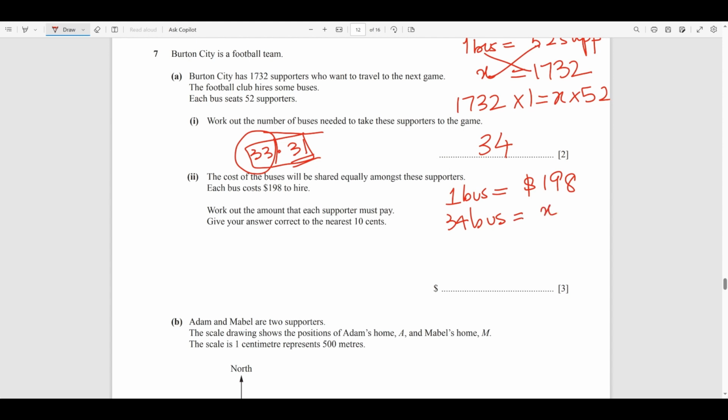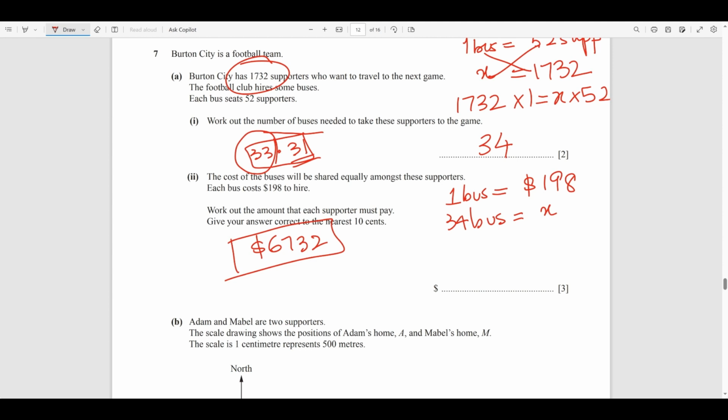So 34 times 198 will give us the total cost. So 34 multiplied by 198 is in dollars, right? This is the cost for all the buses that will be hired for all these 1732 supporters. Now we need to see what is per head.